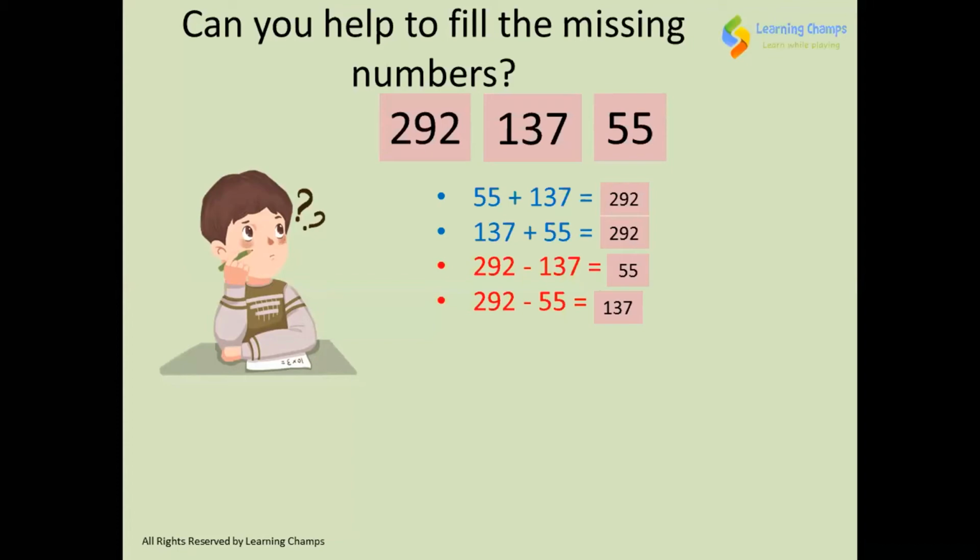It won't come 292. It will come 192. Why is that? 55 plus 137 equals 192. So everyone who told me the answer here said it's 292.